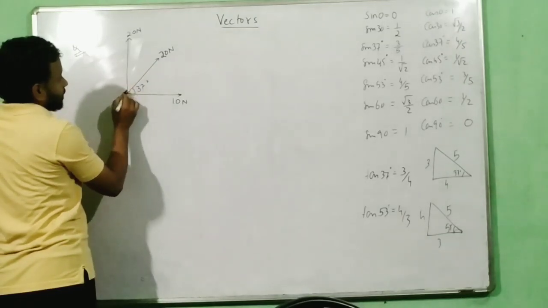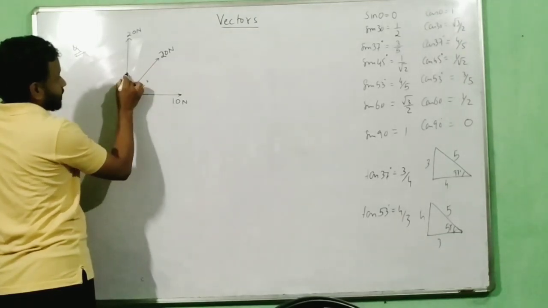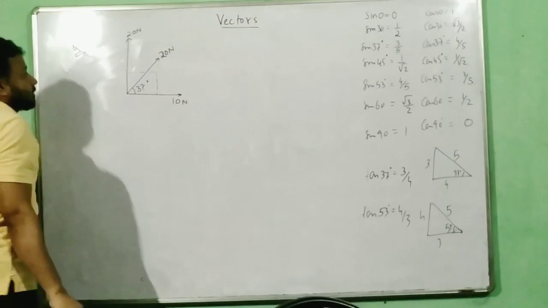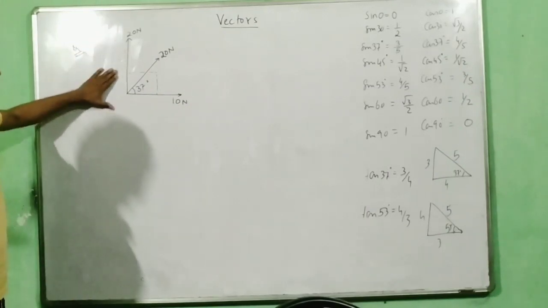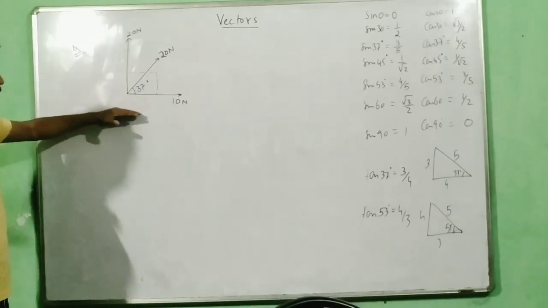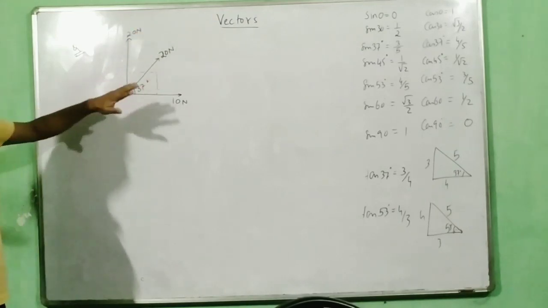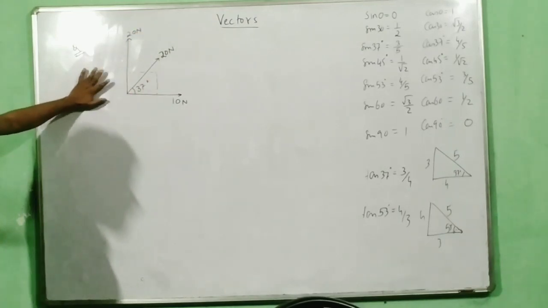But it makes an angle of 90 degrees with the horizontal. So that means this angle is 90 degrees. So one vector acting along the y-axis, one vector acting along the x-axis, and one vector acting in between them, that is 20 Newton.